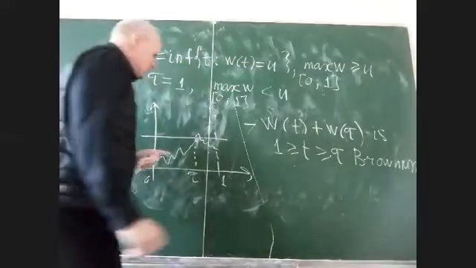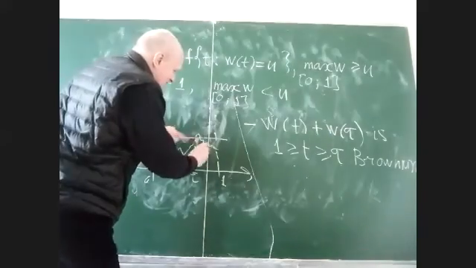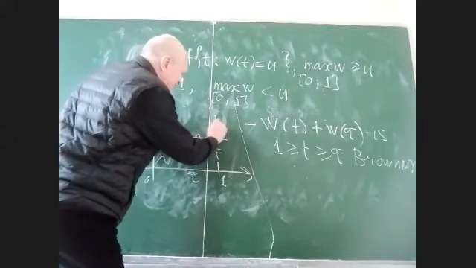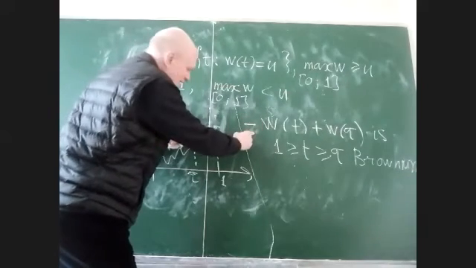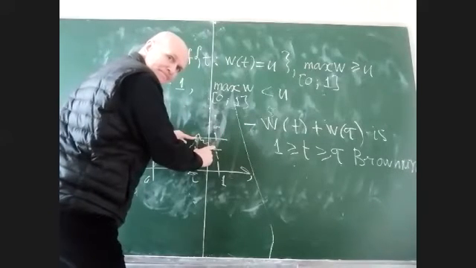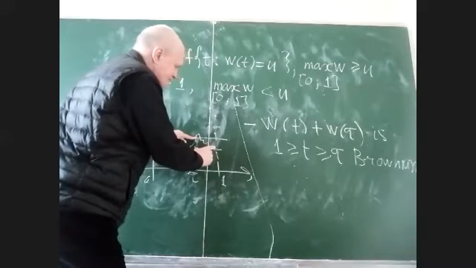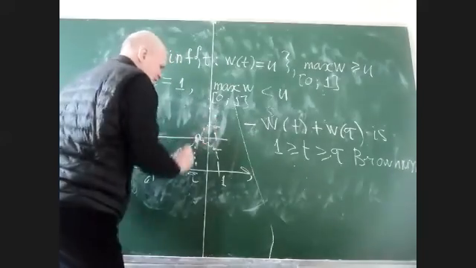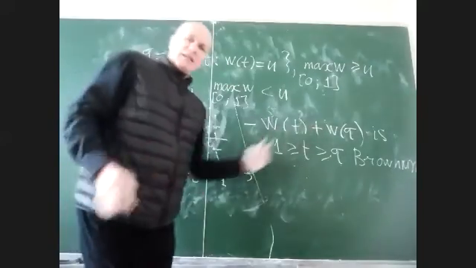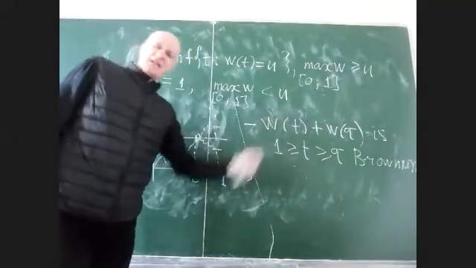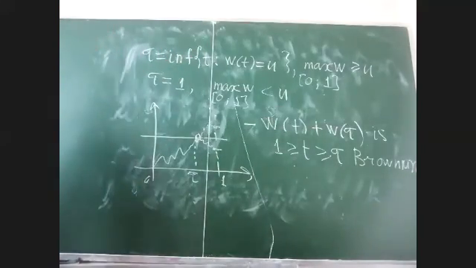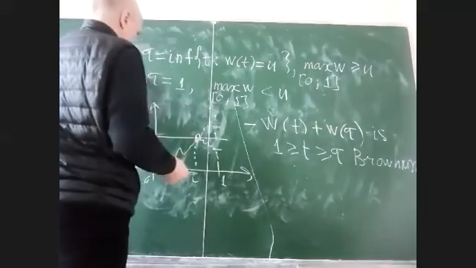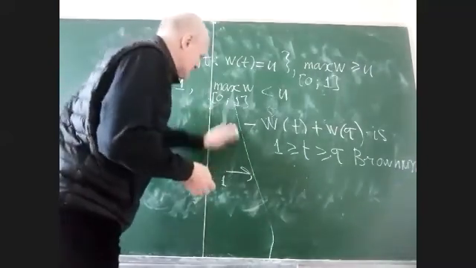Therefore the probability that we hit level U and get this point or the symmetric point are the same, because one can consider this trajectory which is symmetric after the time tau.